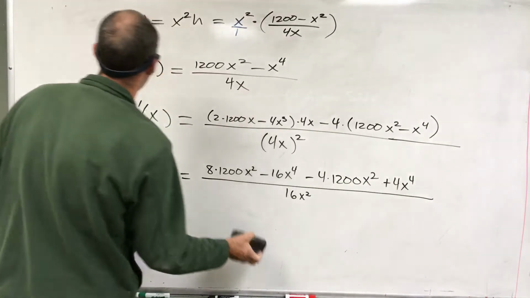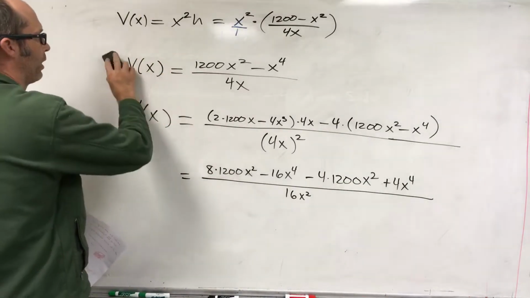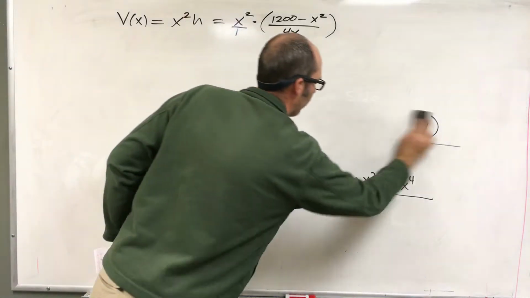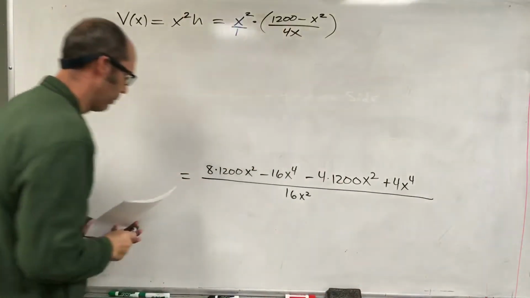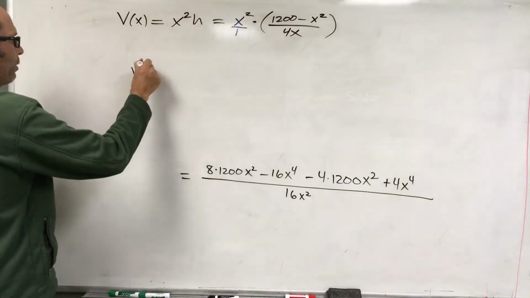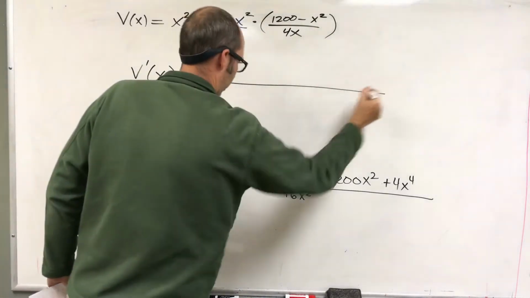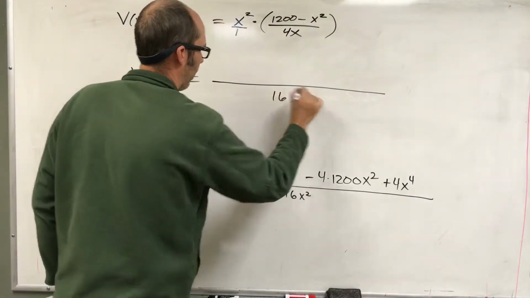Now for v prime of x, we can combine like terms. Let's bring this stuff up here. I got 16x squared.